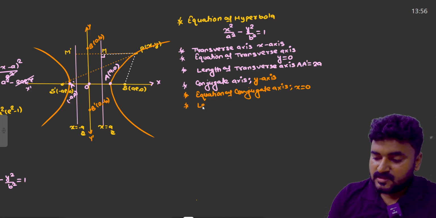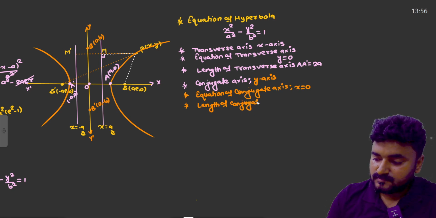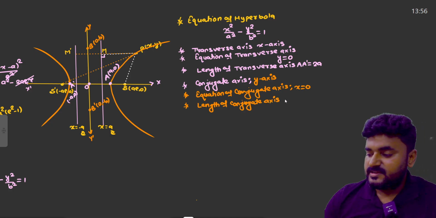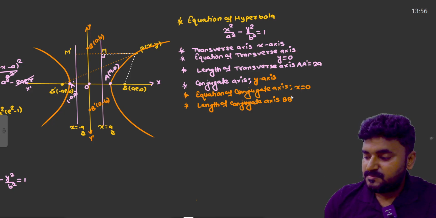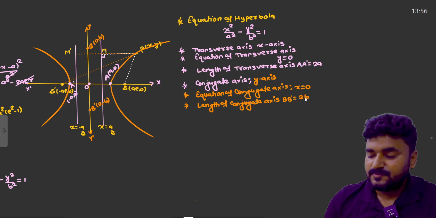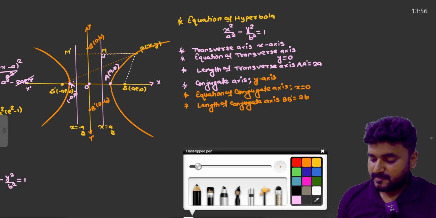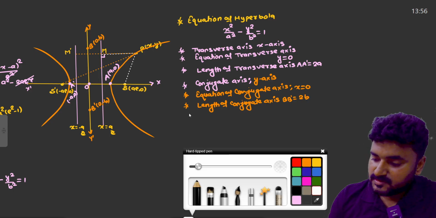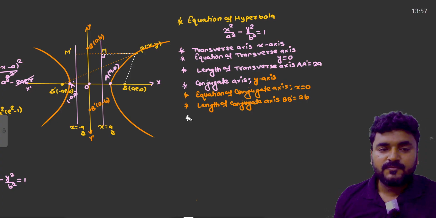Then the length of the conjugate axis. Its length, B B dash, is 2b. Okay. After length, we will go to the focus.